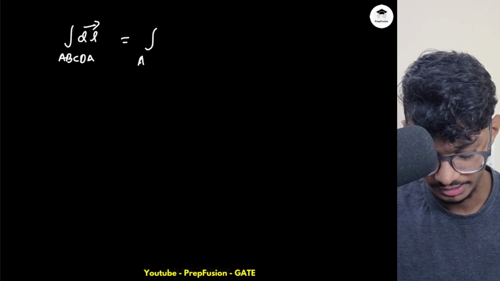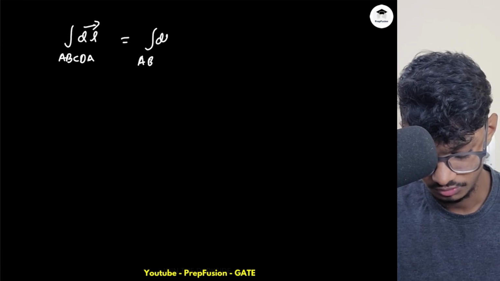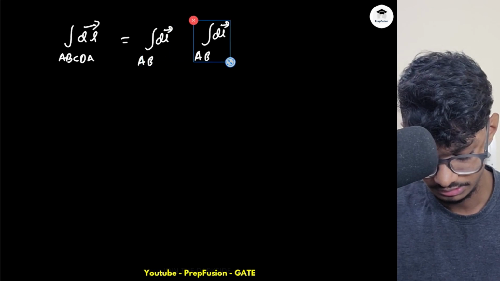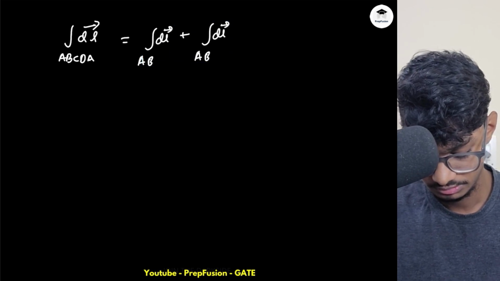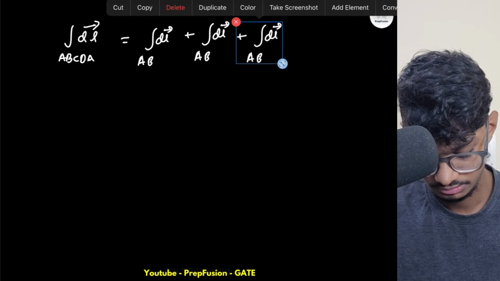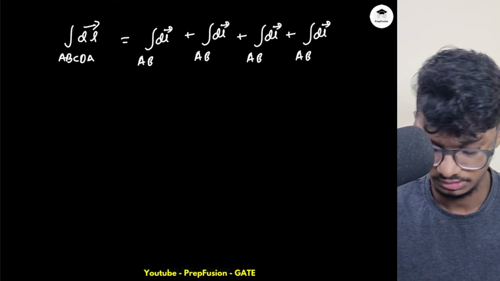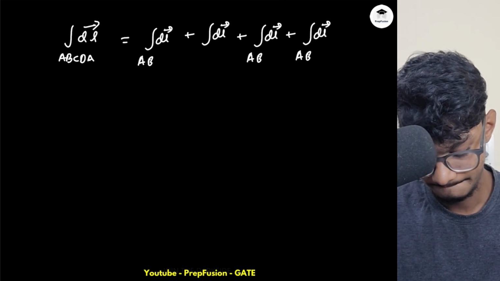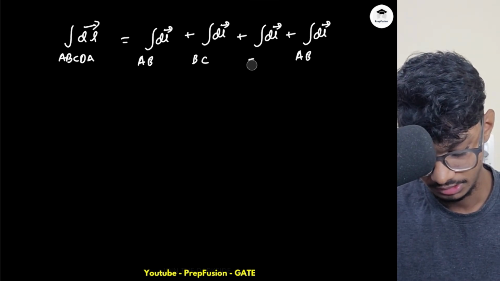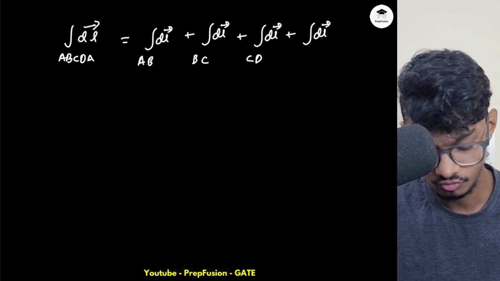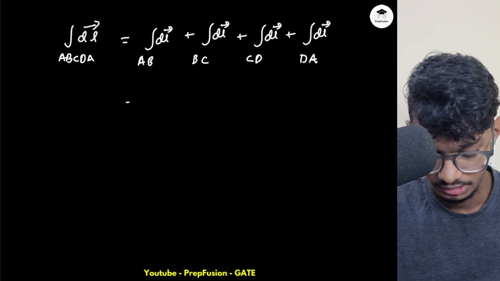First I will move from A to B, copying and pasting the same thing. Then I will move from B to C, then from C to D, then from D to A. I will overall complete a whole loop back.